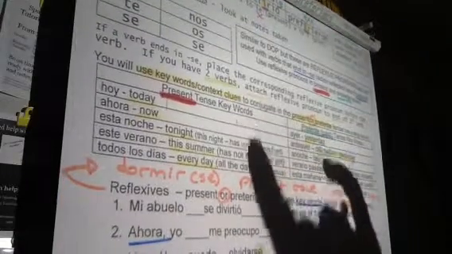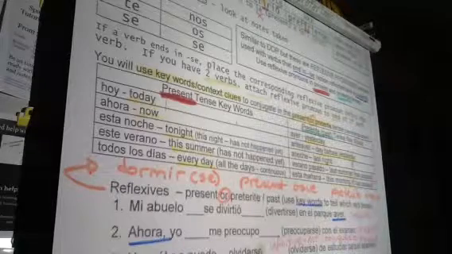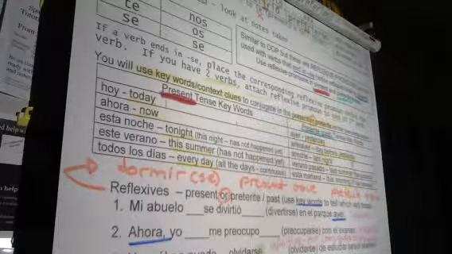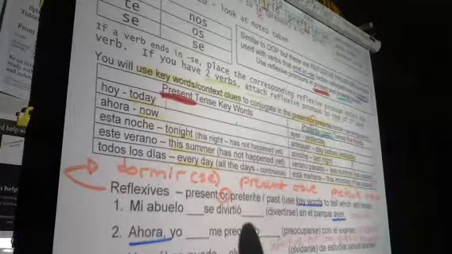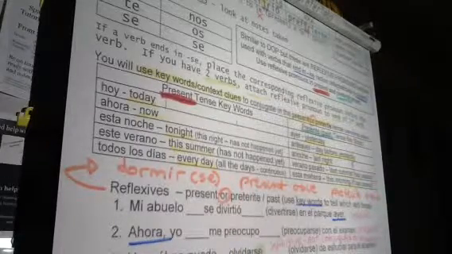The reflexive is the tricky part where you have to know these key words right here. To know if the sentence has the key word for yesterday, you're going to do the preterite ending, not the present tense ending for these.